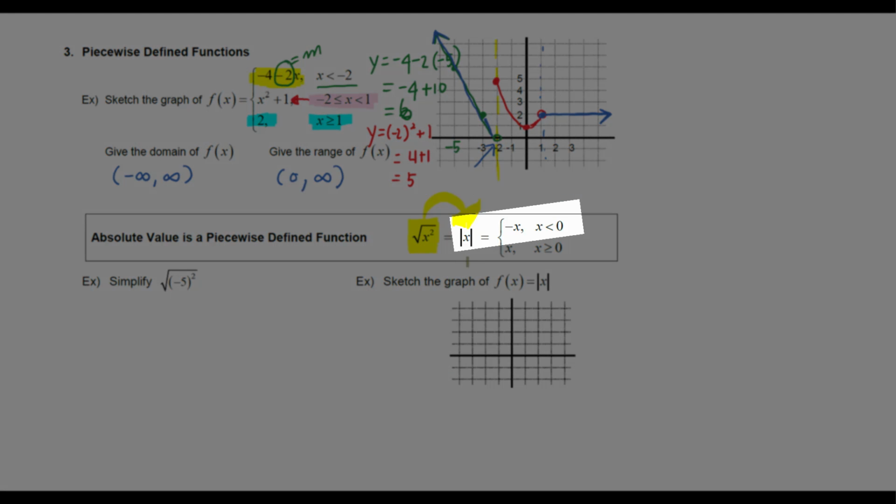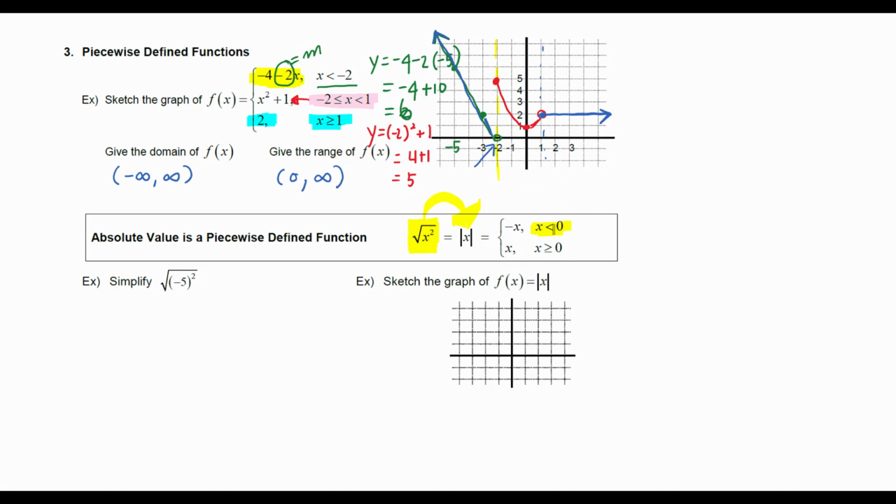So absolute value of x is the opposite of x if x is negative, because if x is a negative number, the opposite of that will be positive. And it is x itself if x was a positive number. For example, absolute value of 3 is 3 because 3 is a positive number.